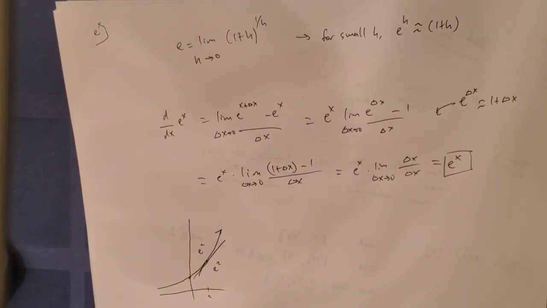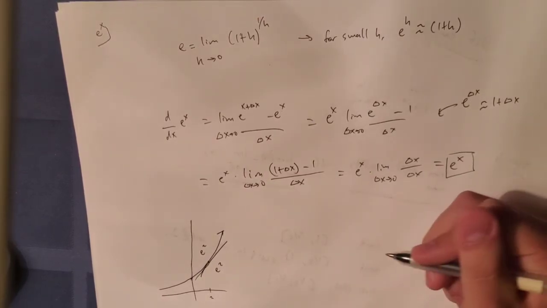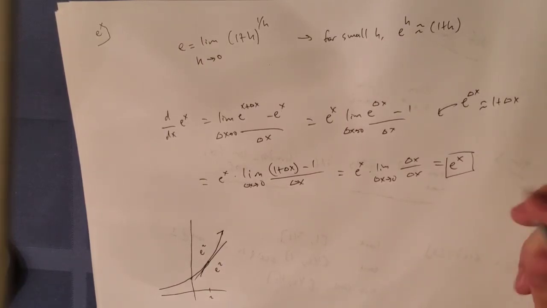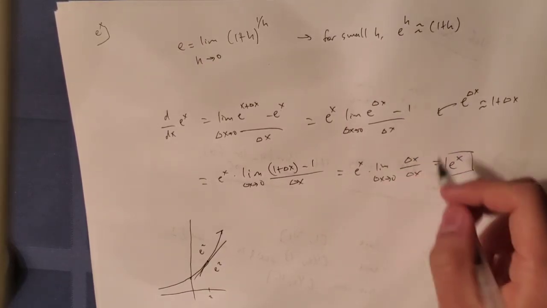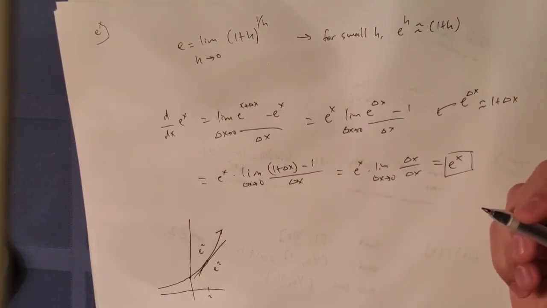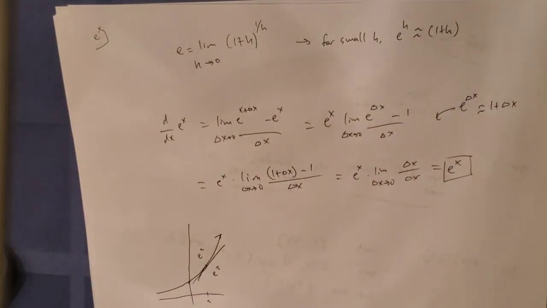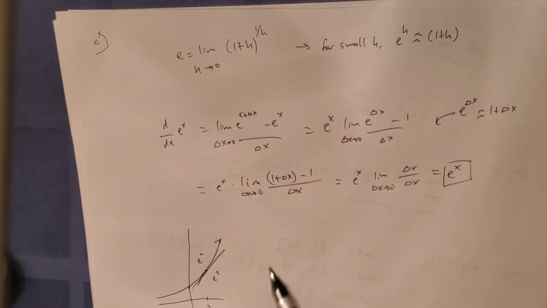That's how e to the x is special. So we can also define e to be the real number such that when you raise it to the x power, its derivative is e to the x. That's another way we can define e in calculus instead of pre-calculus.